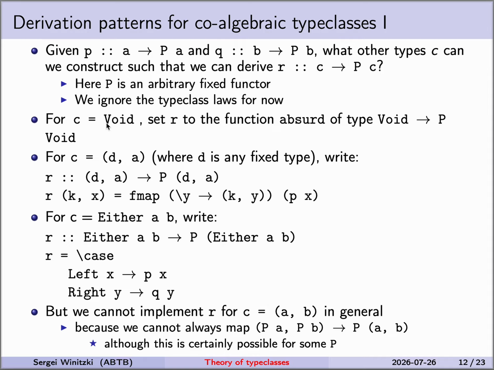So in the case of algebraic type classes, we have the unit type. Now we don't. We have the void type instead. And that is certainly going to be possible. We can have a function from void to P void. We can have a function from void to anything. That's a function that's usually called absurd. And this instance will be lawful in a kind of vacuous and empty way, because any equations that this function must satisfy, it will satisfy, because there aren't any arguments you could ever give to this function.